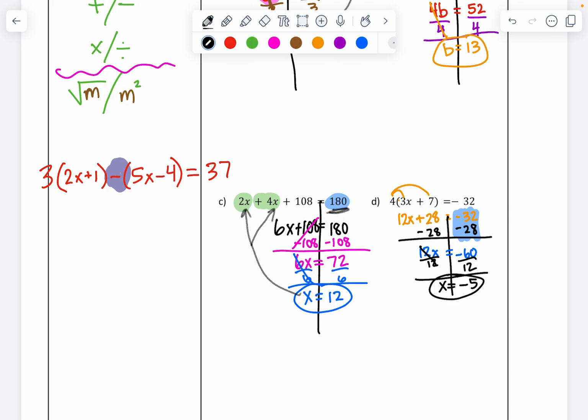So basically what you're going to do is treat this like a negative 1, and then you're going to go pump, pump, and distribute it. So you'll distribute this first one, it'll be 6x plus 3. And then when you distribute the second one, it becomes negative 5x because this was positive, but you take it times negative 1. And then this becomes plus 4x because it was negative, but you're going to take it times negative 1. And then it equals 37, and then boom, boom, boom, you can just combine and solve.